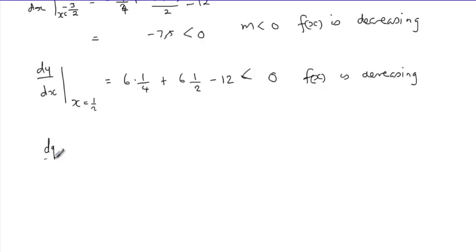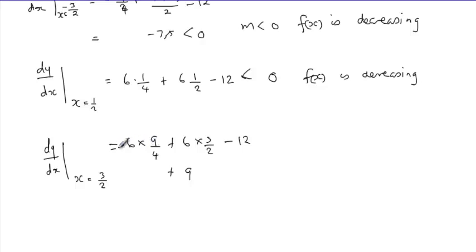dy/dx evaluated at x equals to 3 halves. That's 1.5. That's after 1. Let's get that there. That will be 6 times 9 over 4 plus 6 times 3 over 2 minus 12. What is this? This is 3 times 3, which is 9, is it?